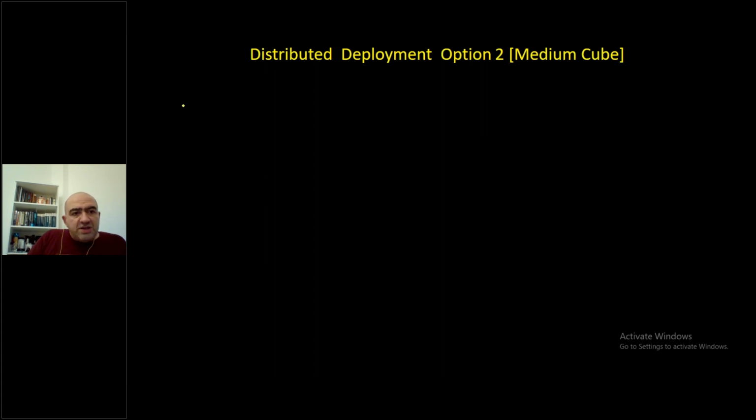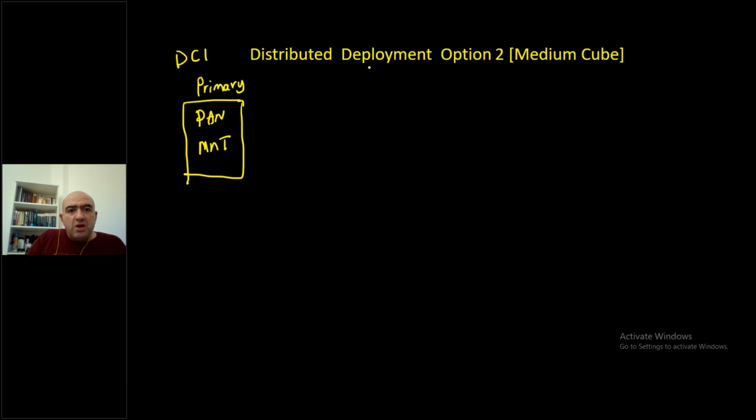In this option, we are saying you can have in data center one your ISE primary node, and I will have the PAN and MNT here. In another data center, I can have the secondary node with my PAN and MNT.